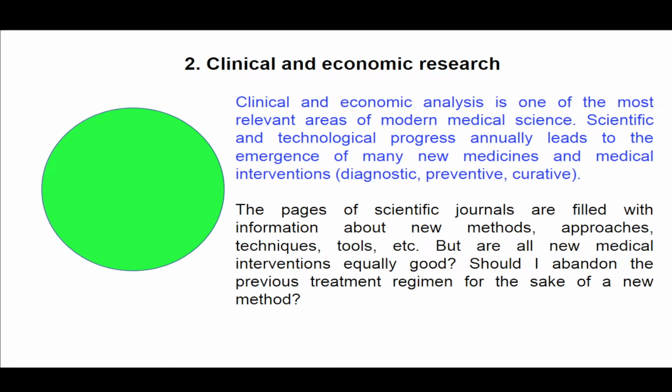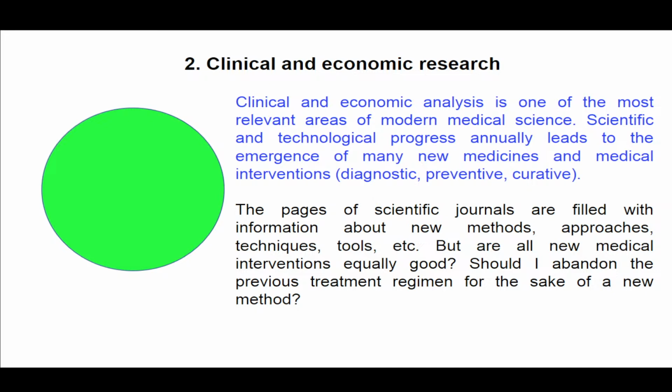Okay, dear students, our second topic is clinical and economic research. Clinical and economic research is one of the most relevant areas of modern medical sciences. Scientific and technological progress at any time leads to the emergence of many new medical interventions: diagnostic, preventive, curative, and so on.